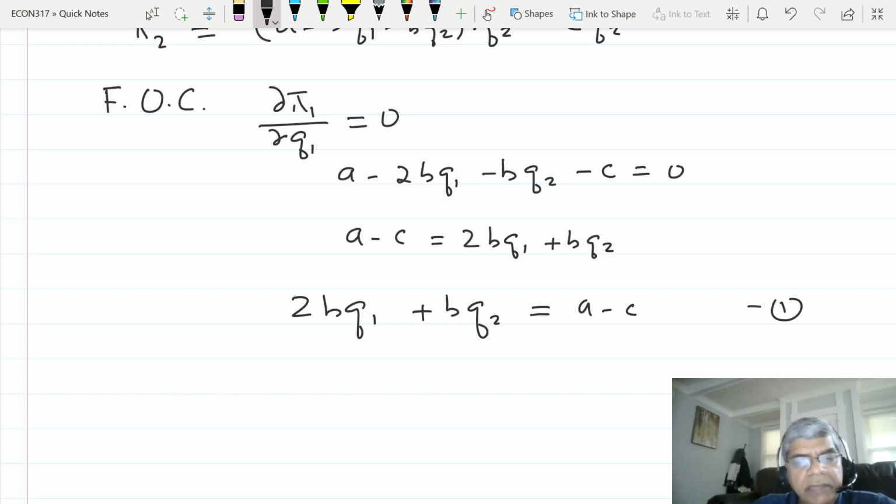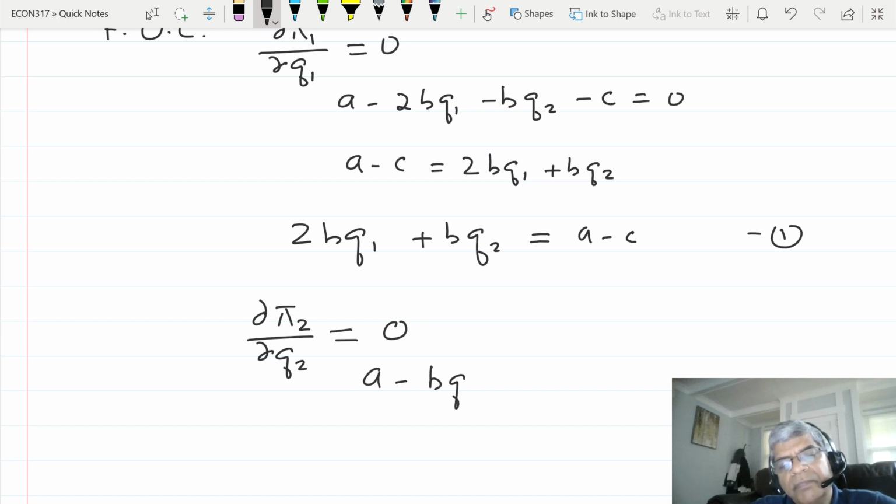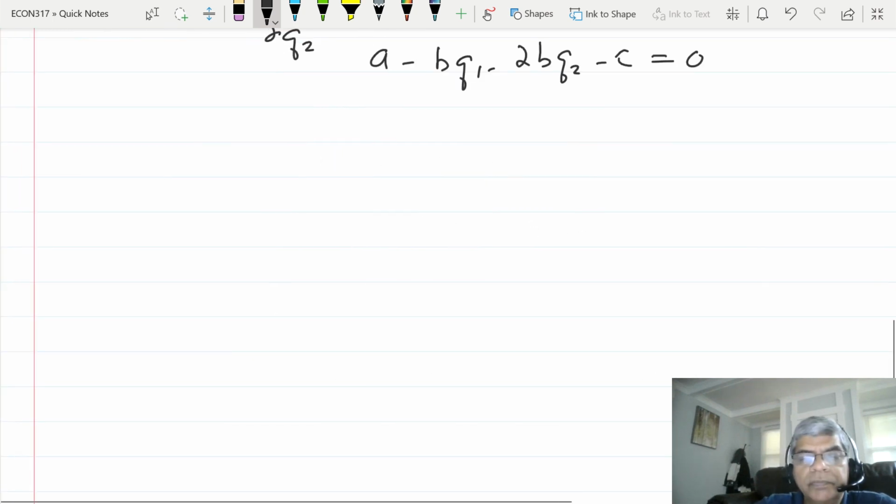We could do the same exercise for the profit of firm 2. So I will write down the first order condition for firm 2's profit maximization, which is the partial derivative of pi 2 with respect to Q2 equal to 0, which can be written as A minus BQ1 minus 2BQ2 minus C equal to 0.